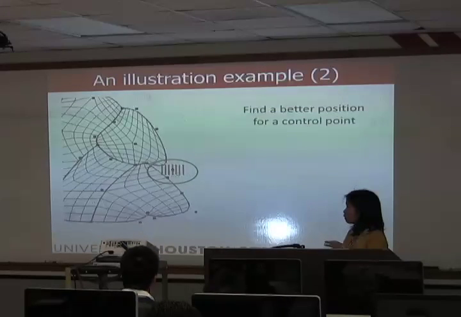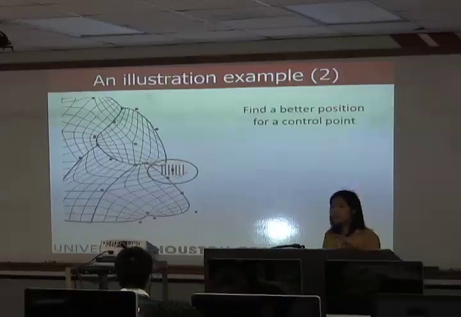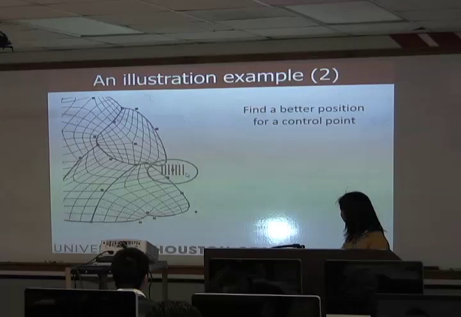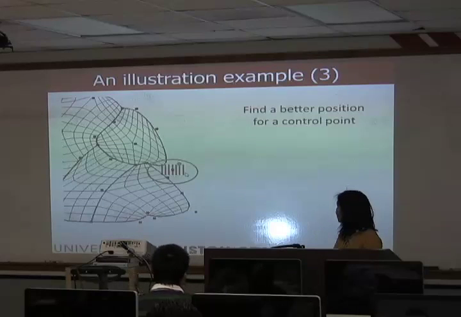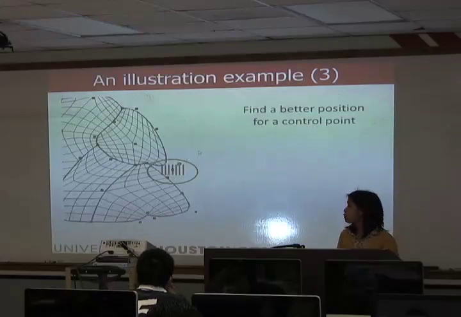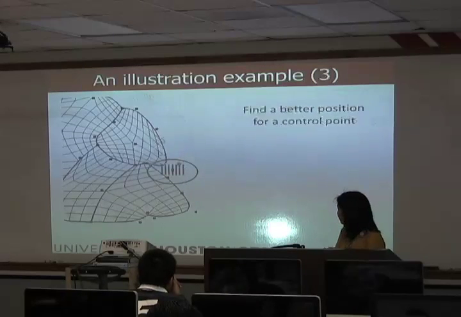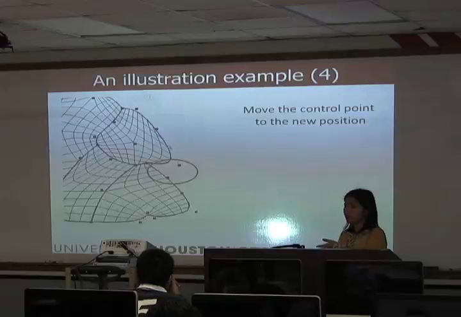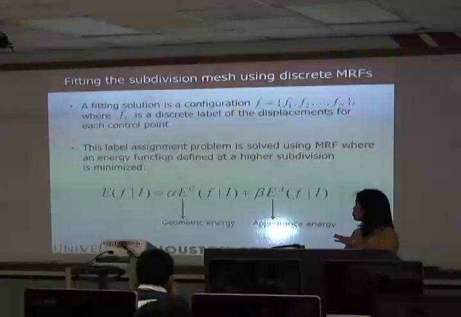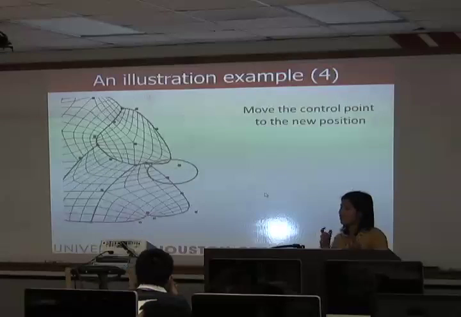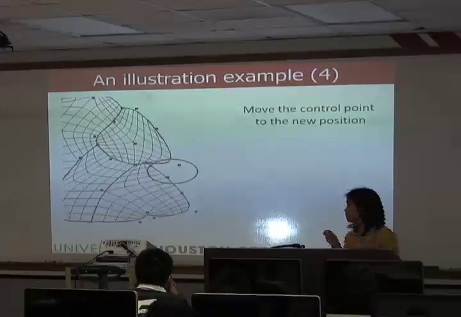Our approach samples some candidates, evaluates all the possible candidates, and moves the quantum point to the best one. Here we can see that this boundary fits better. In this example, when we move one point, we assume that each point moves independently.